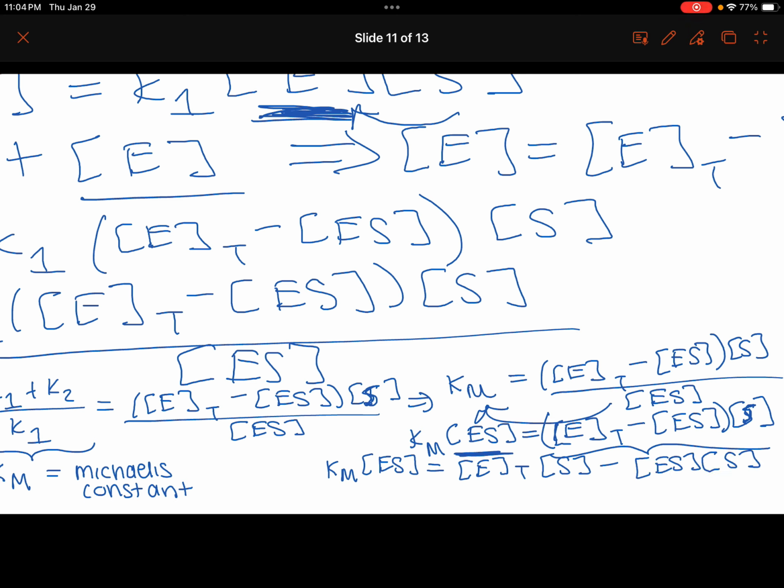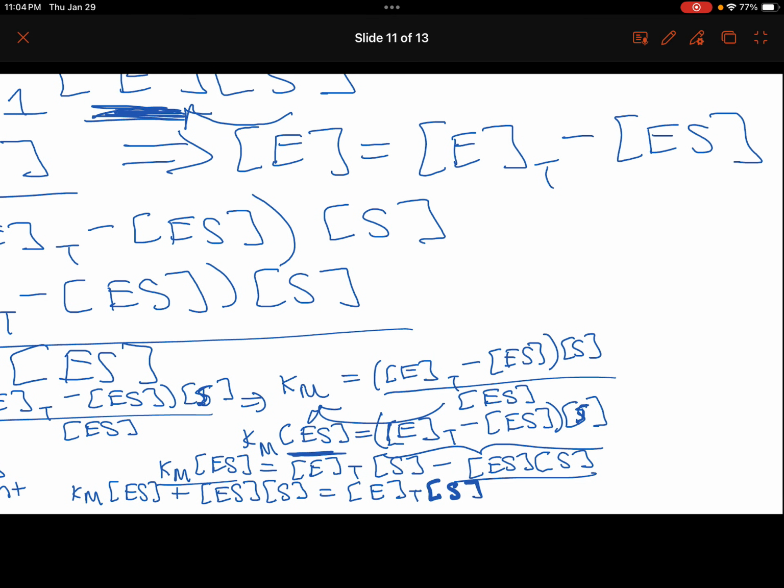minus enzyme substrate complex times substrate concentration. And the reason that we're doing this is because we can't measure enzyme substrate complex either, but that will come into play later. We have to do this first. So now we're going to add that over here. All right.